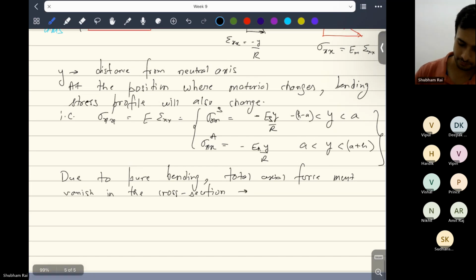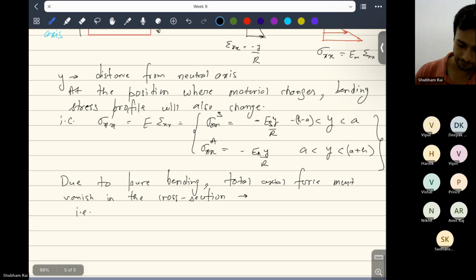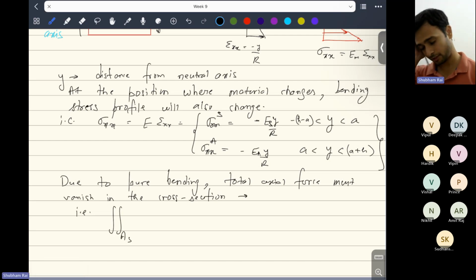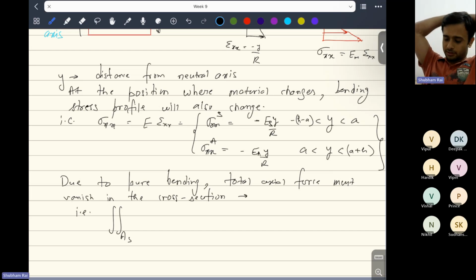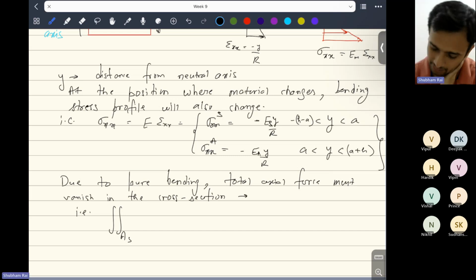Let's find the actual force. It will not be about neutral axis, but it will be the total axial force in the cross section. So that will be axial force in steel plus axial force in aluminium.